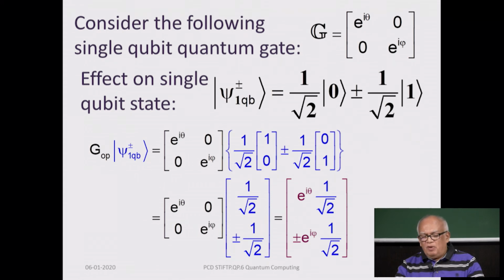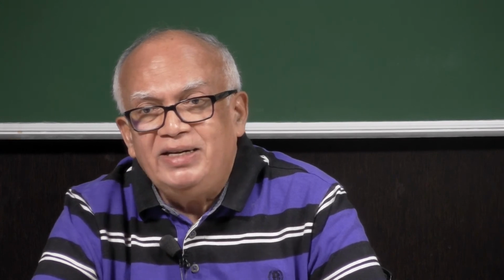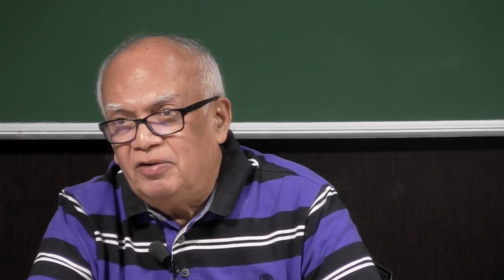Okay? So, one might think, what is the big deal, because you have got these phase factors, and when you take the probability of finding a state in an eigenstate, you have to take the modulus square of the coefficient, right. You multiply the coefficient by its complex conjugate, and e to the i theta will multiply e to the minus i theta, and you would not have got any help from this operation.